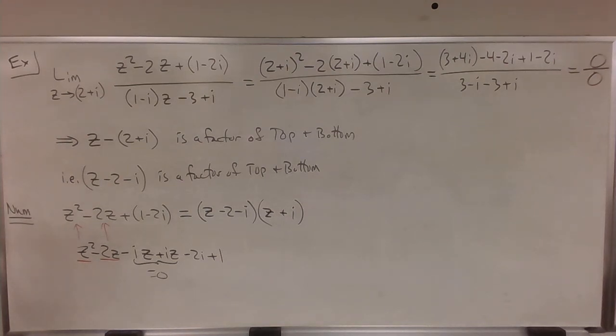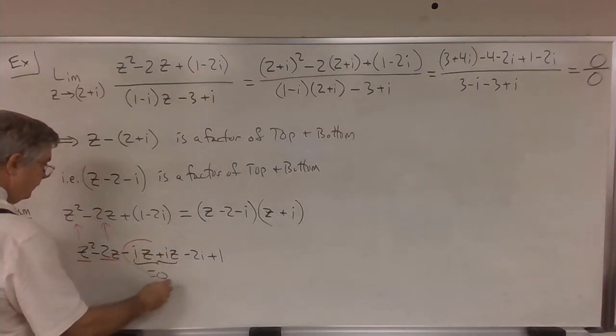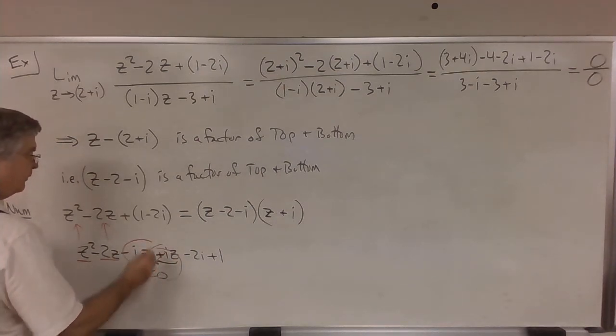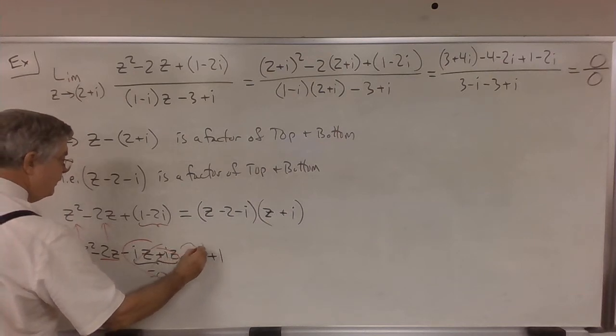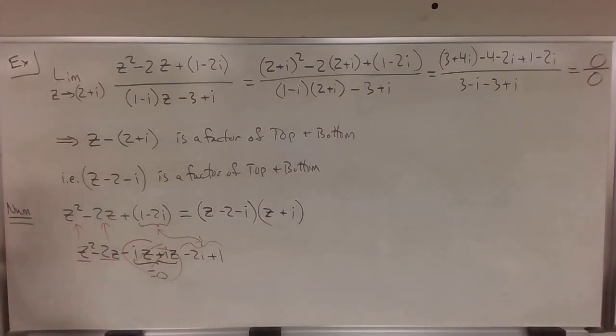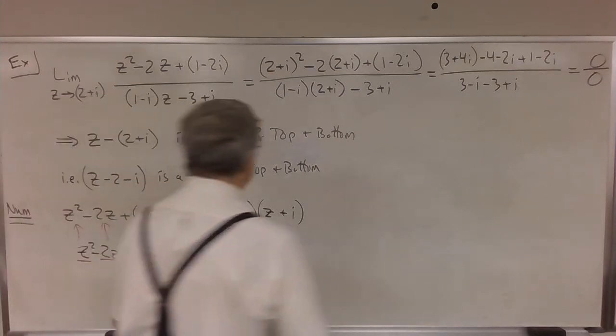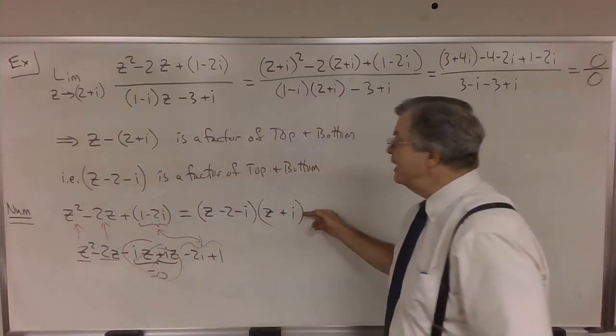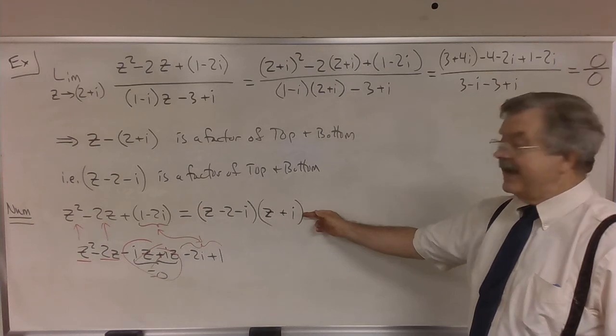Now how are things looking? z squared minus 2z. These cancel each other out, thank goodness. And this thing and this thing are actually the same. Okay. Well, I just figured out how the numerator factored.